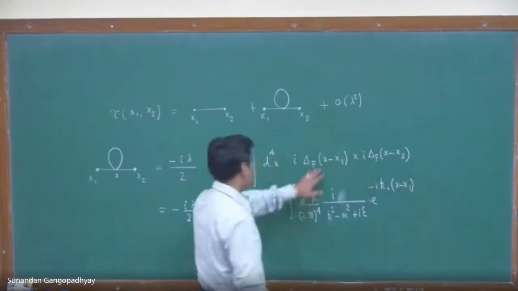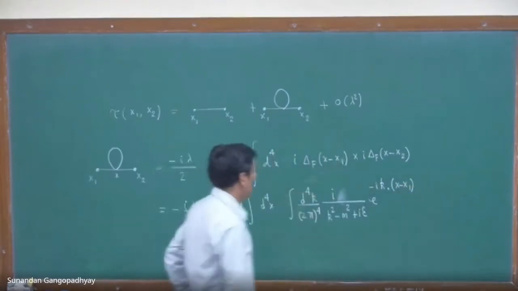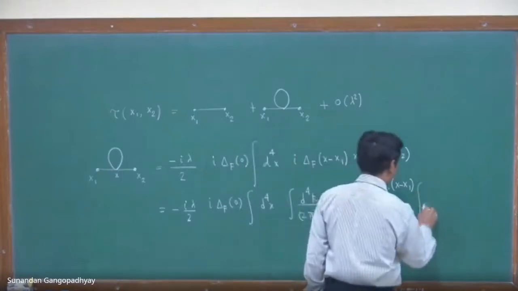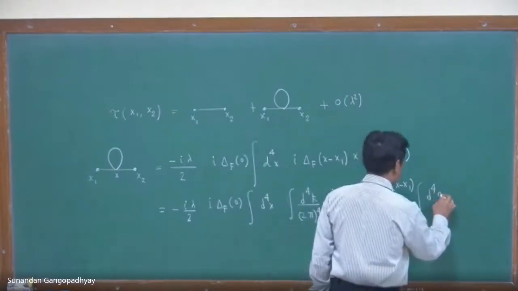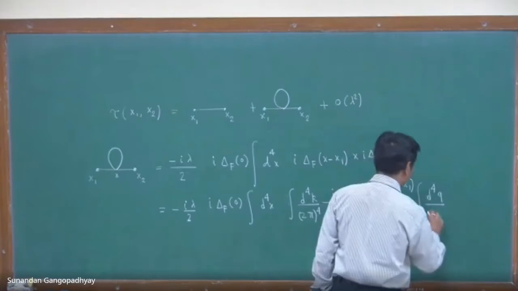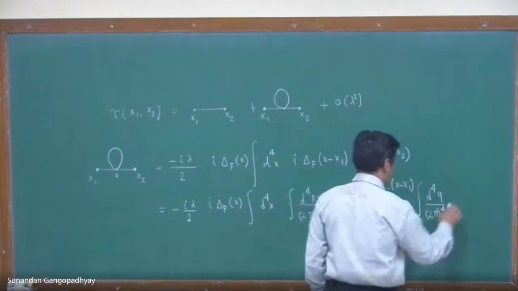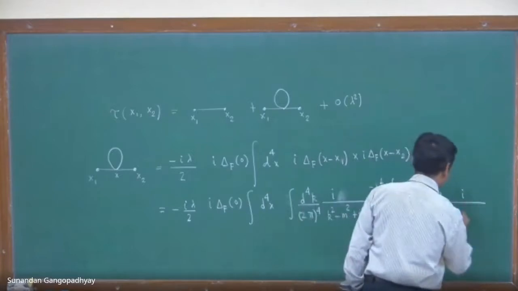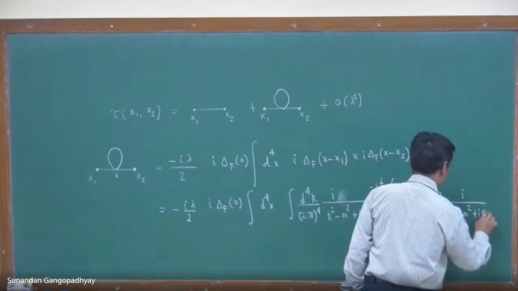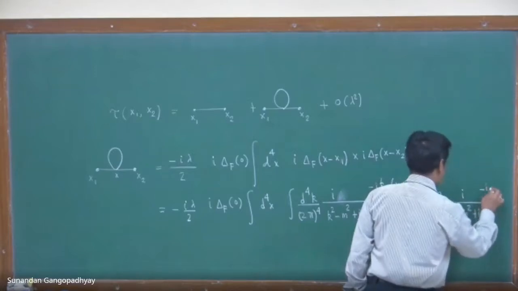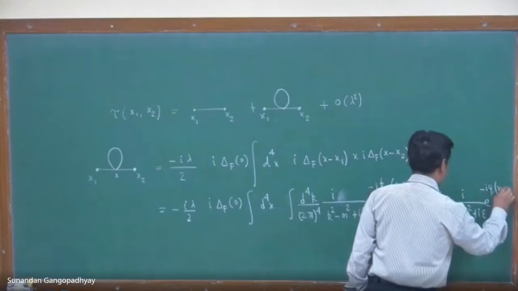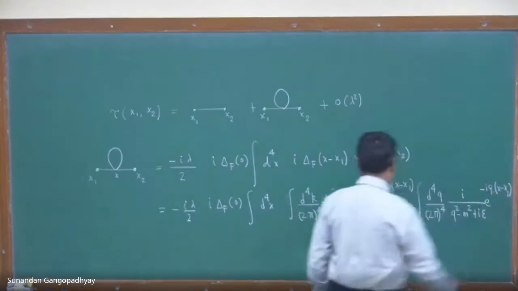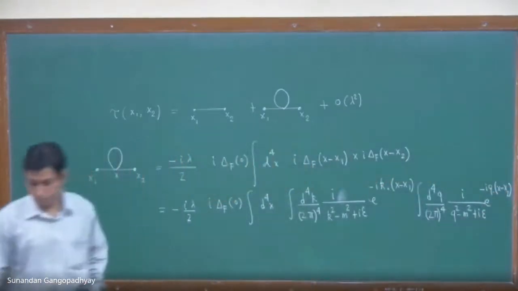So this is basically the Fourier transform of this part, and then we will have another term, the integration over momentum q, d^4q over (2 pi)^4. So that is what we shall have.